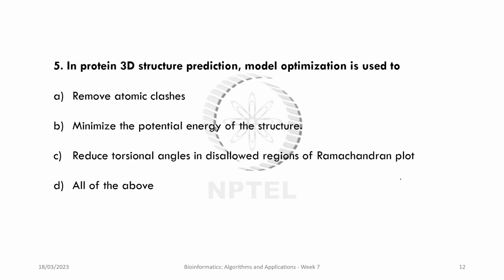So among the many steps of protein 3D structure prediction, model optimization is the penultimate step. So think about the options. Is it to remove atomic clashes, minimize the potential energy of the structure, or reduce torsional angles in disallowed regions of the Ramachandran plot?